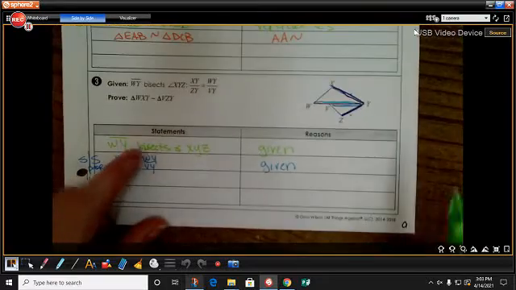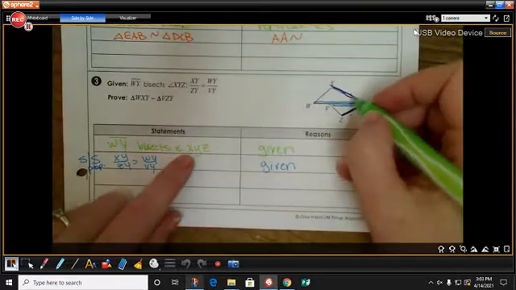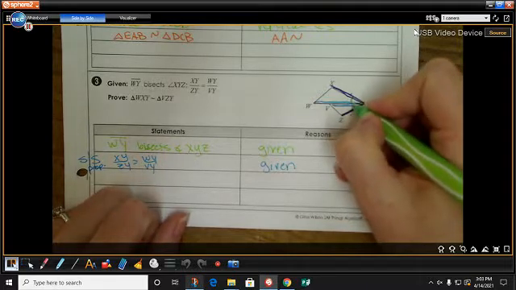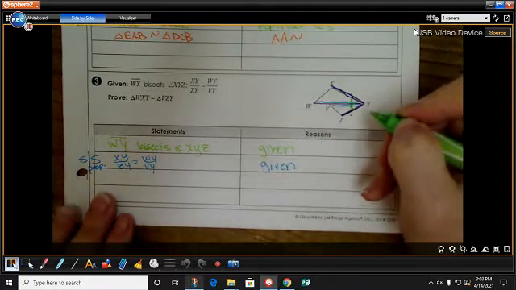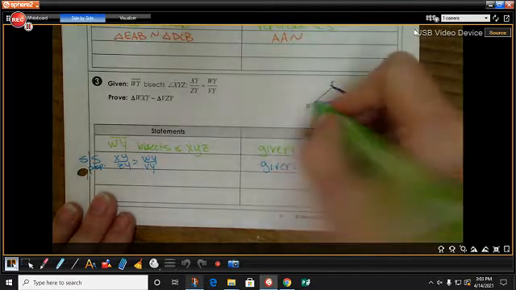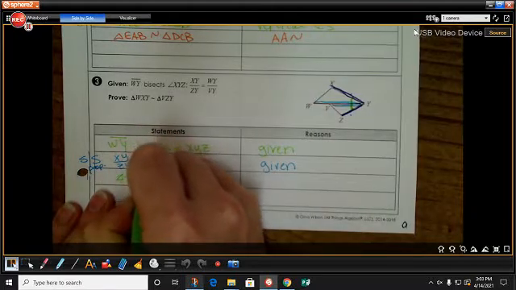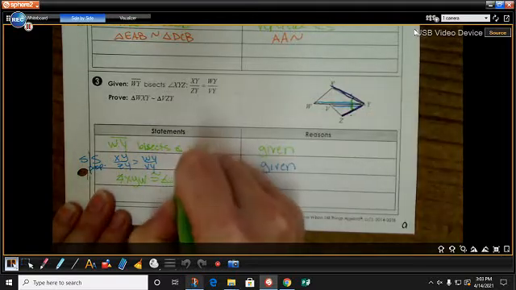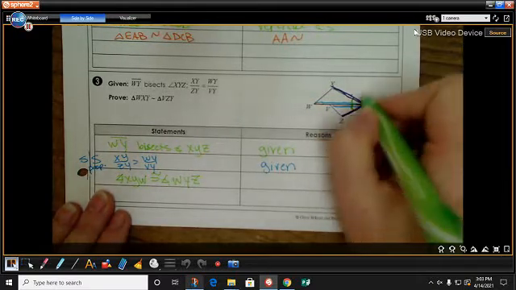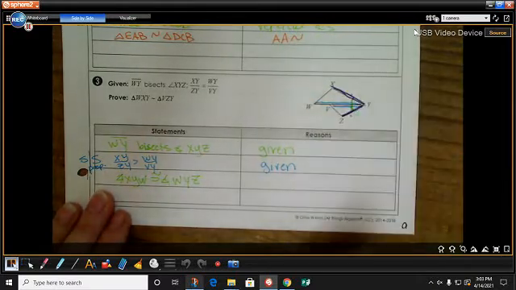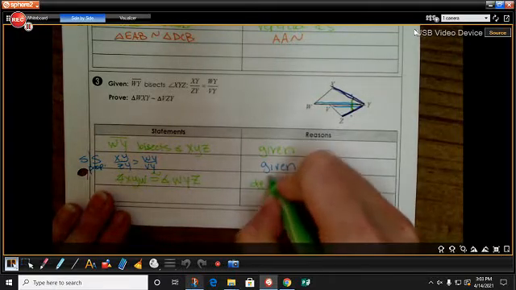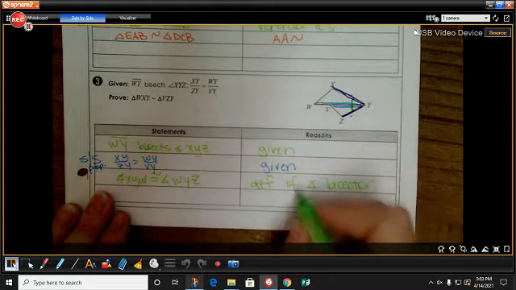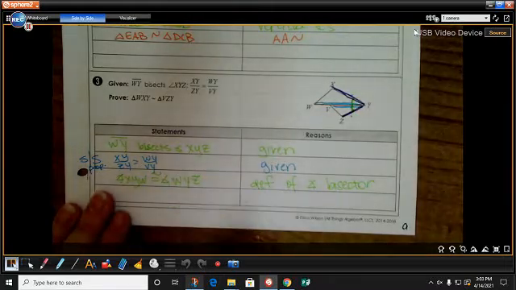Well, looking back here, I have bisected an angle. And when I bisect angle XYZ, that means I cut it into two congruent angles. So angle XYW is going to be congruent to angle WYZ because I cut it in half. When you bisect something, the two halves are congruent. That's the definition of an angle bisector, it bisects the angle into two congruent angles.